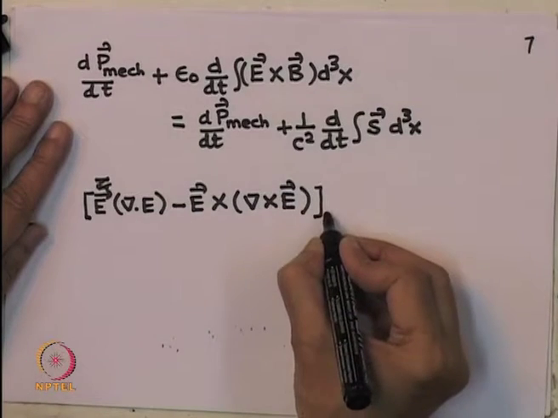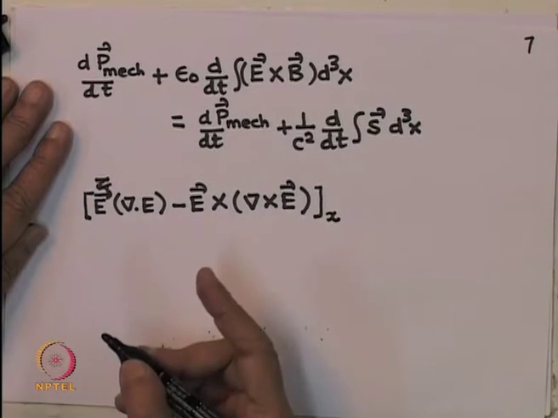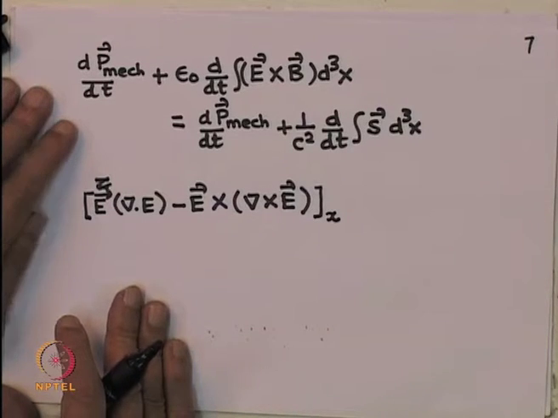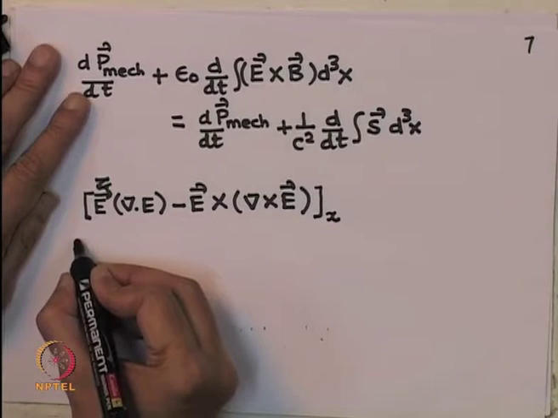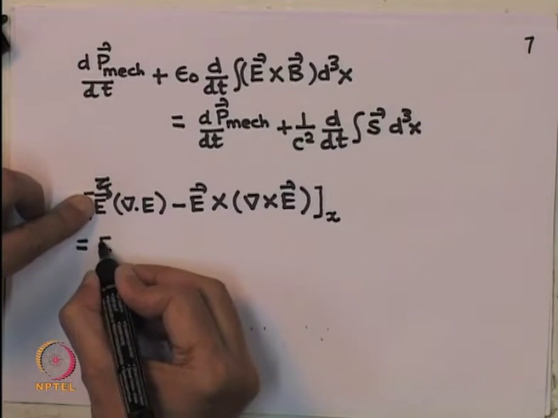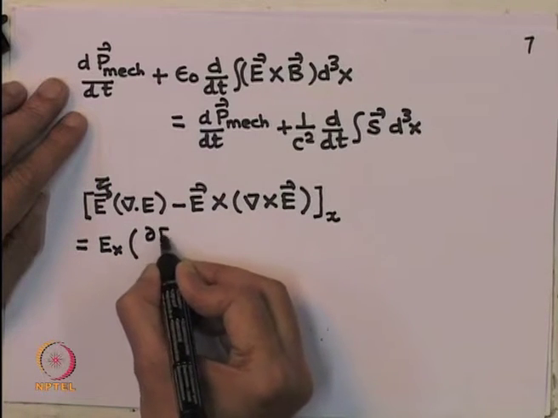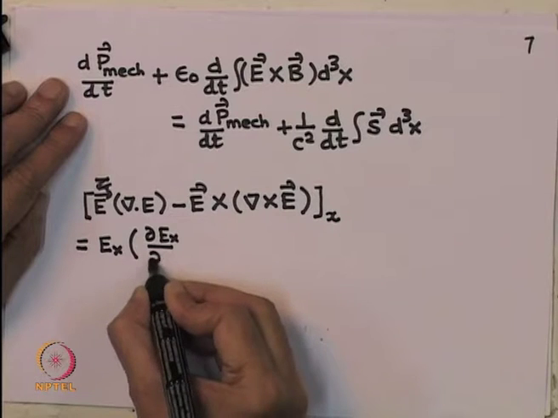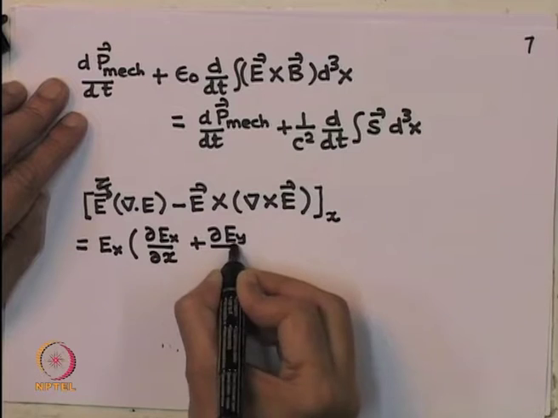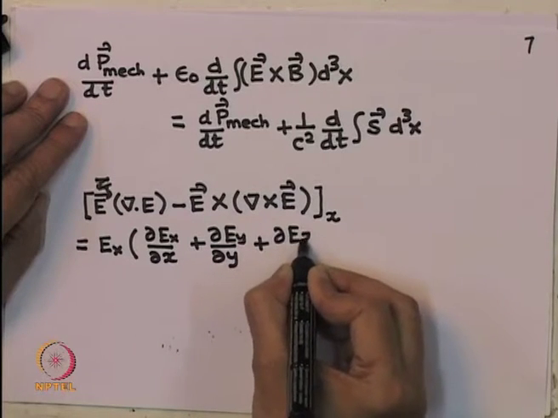Take for example, the x component. I will calculate the x, y, z components and then we will be able to write it in a particular fashion. So, this quantity is E x, and del dot E is already a scalar. So, that is d E x by d x plus d E y by d y plus d E z by d z.